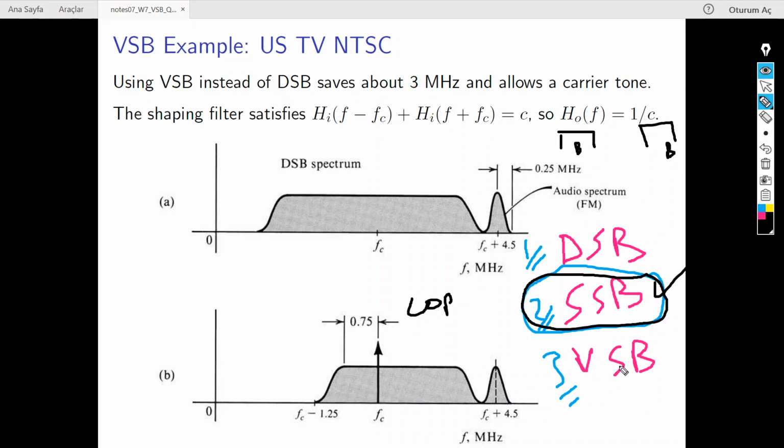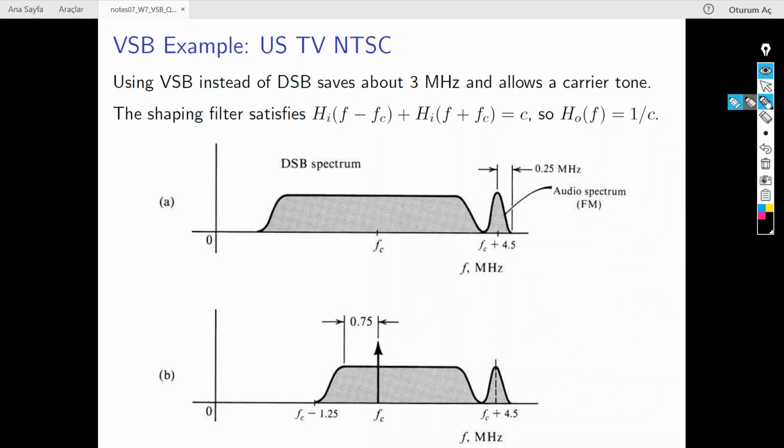Now, vestigial sideband is the second one in terms of spectral efficiency because it's like single sideband but takes an extra part from the adjacent signal. And double sideband is the least efficient modulation scheme. So we agree on this. You got it?